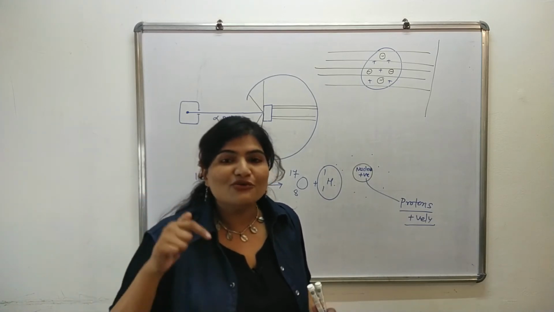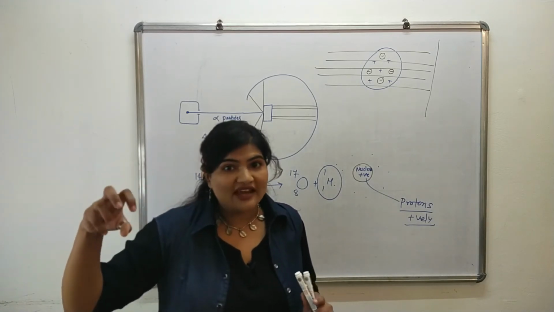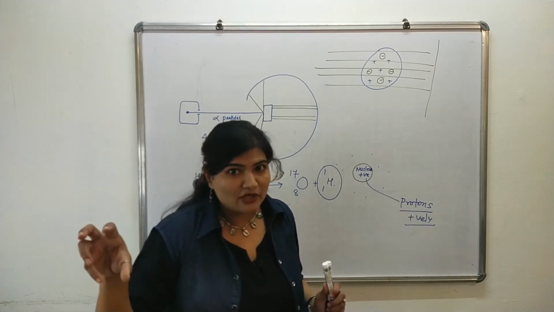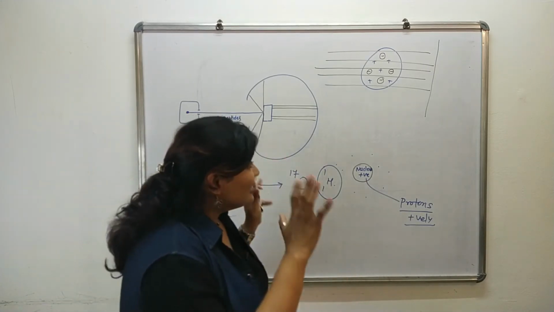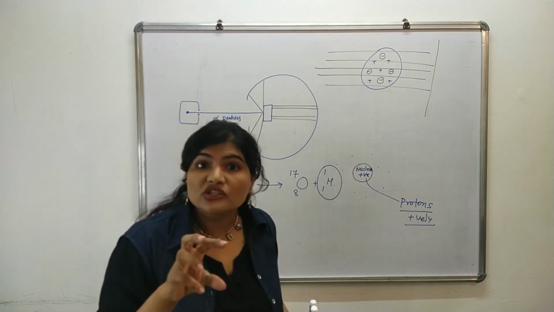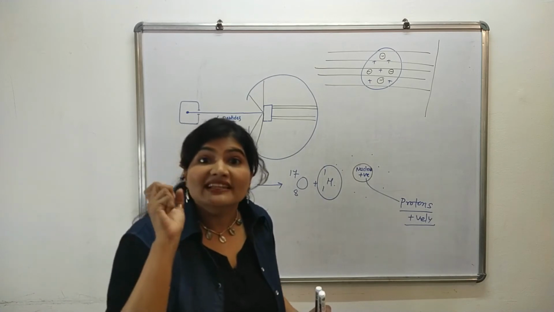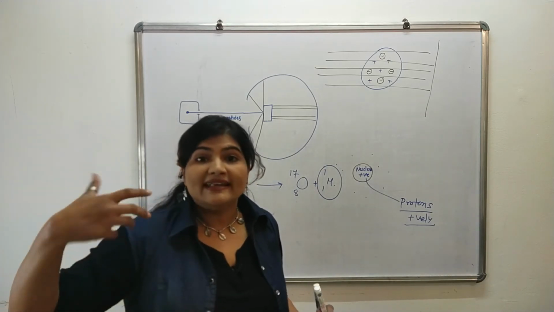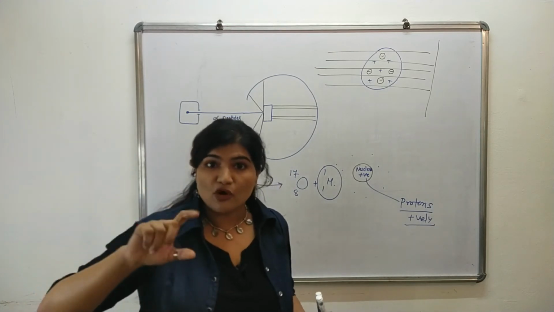In the next video we are going to study how Chadwick discovered neutrons and what the other parameters of that subatomic particle are. But in this video we are also going to discuss the assumptions of Rutherford's atomic model and the limitations of Rutherford's atomic model, which led to the development of Bohr's atomic model later on.